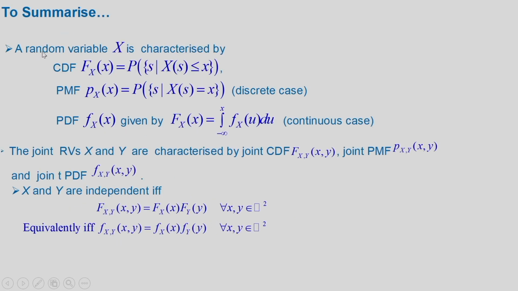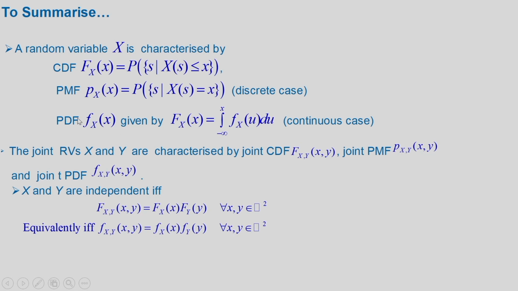We also noted that a random variable x is characterized by CDF F_X(x), that is defined by probability of those sample points s for which X(s) is less than or equal to small x. Similarly, we define the probability mass function, probability of s such that X(s) is equal to small x, and this is for the discrete case.